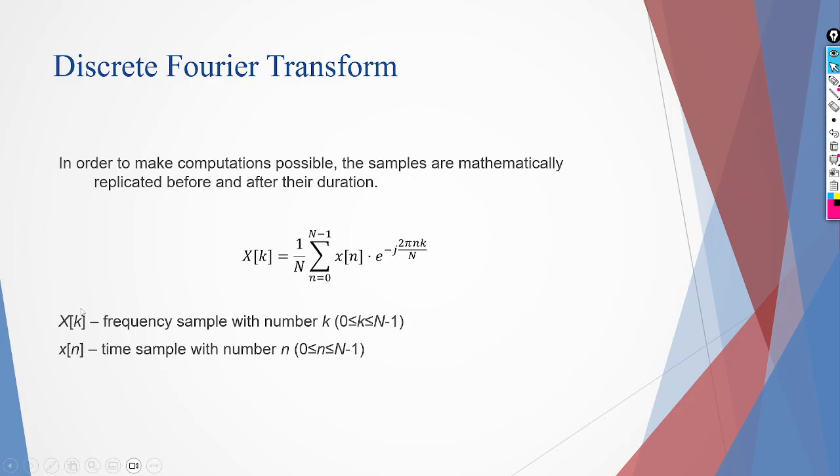That's a convention that's widely used in literature, in science, everywhere, and that's why we will use that as well. N is the number of the time sample, and K is the number of the frequency sample. So for a discrete process and discrete Fourier transform, both your signal and spectrum are sampled, so they are discrete.